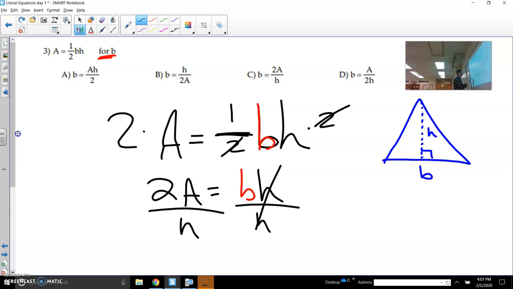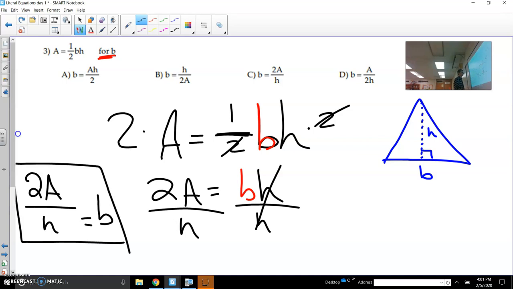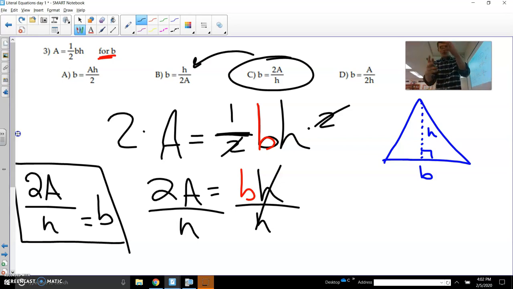And it looks like my answer is 2 areas divided by the height. That would be a formula if I wanted to calculate just the base of the triangle. So I'm looking at my answers, 2a over h. Let me see. So be very careful. Looks like b is very close, but those are not the same answer. So make sure that you do correctly have the order 2a divided by h.